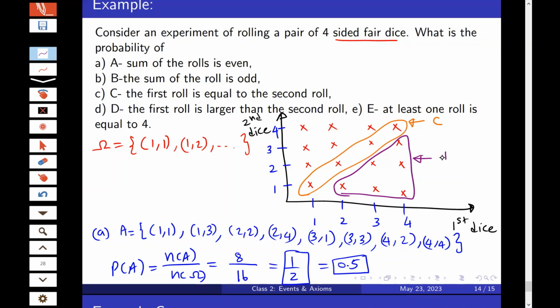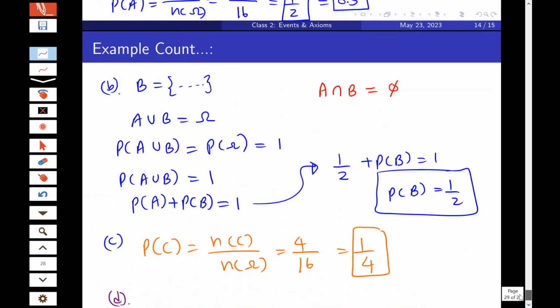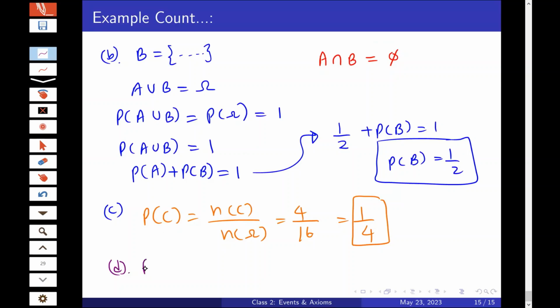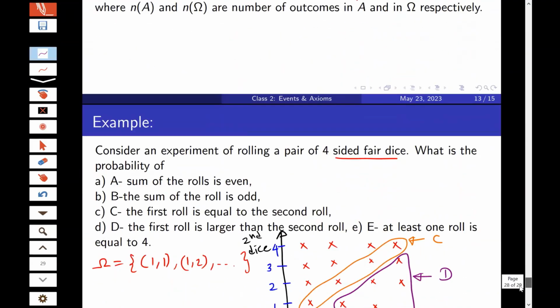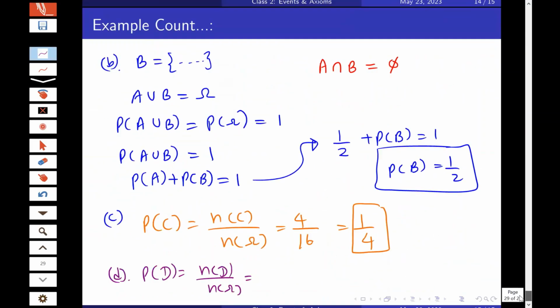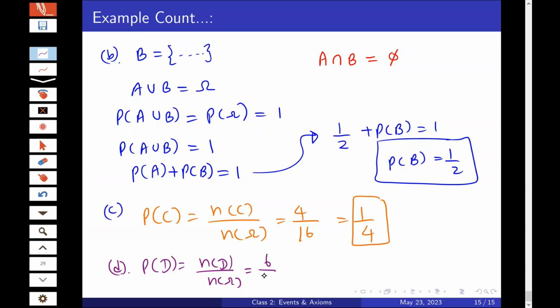So this is D. The probability of D equals N(D) over N(omega), which is 1, 2, 3, 4, 5, 6, so 6 over 16, which, if you divide by 2, is 3 over 8.